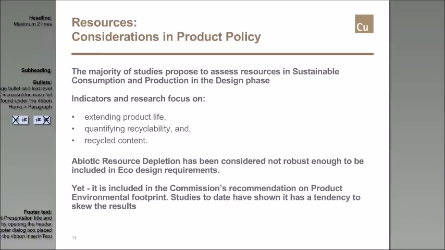The life cycle assessment indicator abiotic depletion potential has been considered not robust enough for eco-design. However, it is included in the Commission's product environmental footprint, and studies have shown that there is a tendency to skew the results. But what do we mean by that?